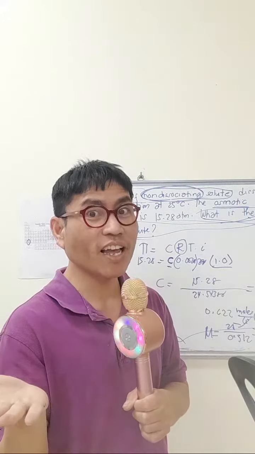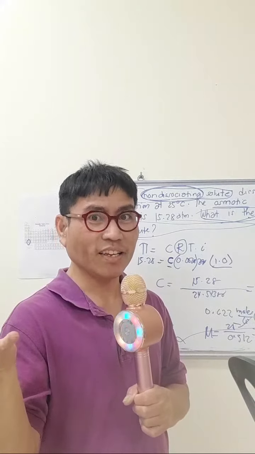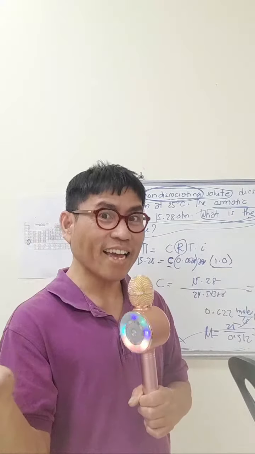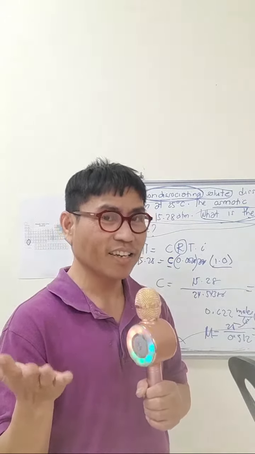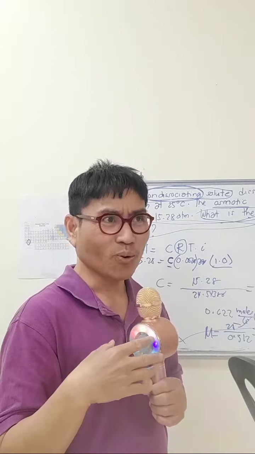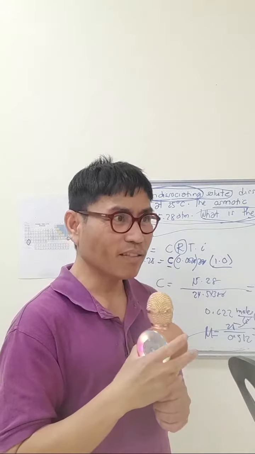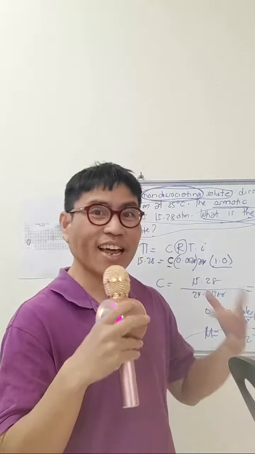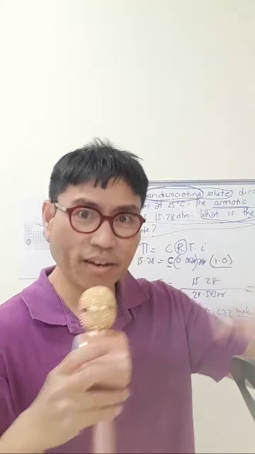Imagine, 20 years plus since I was graduating in my school. So things like this, we need to say, we did not discover yet even though we studied a lot. It took me 5 years to finish the course, but just now I know that the non-dissociating van't Hoff factor value is equal to 1.